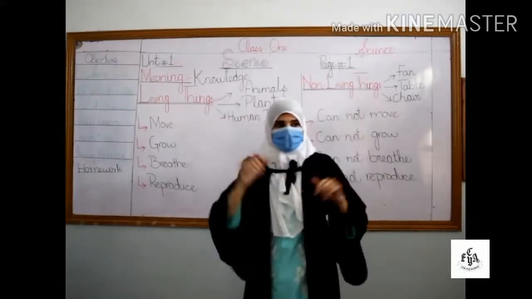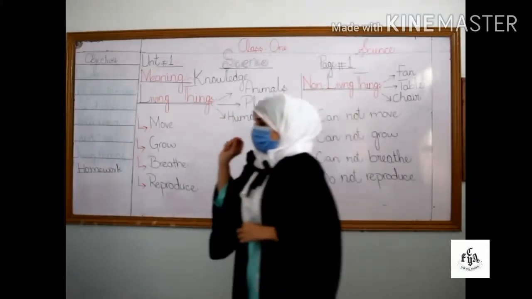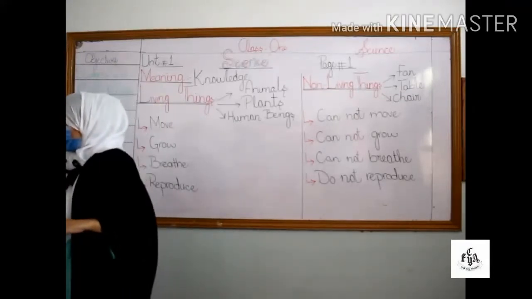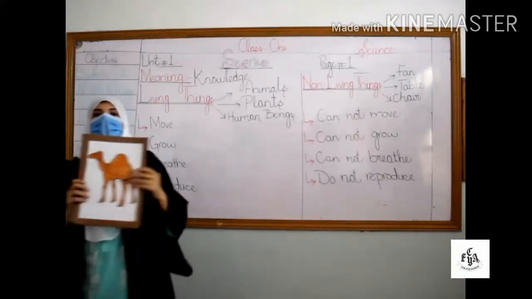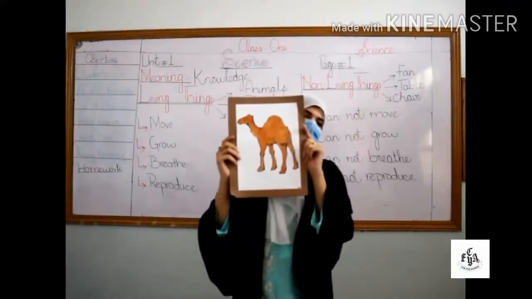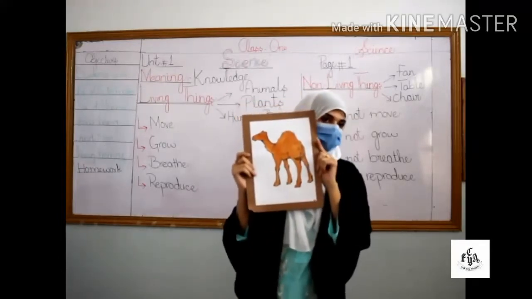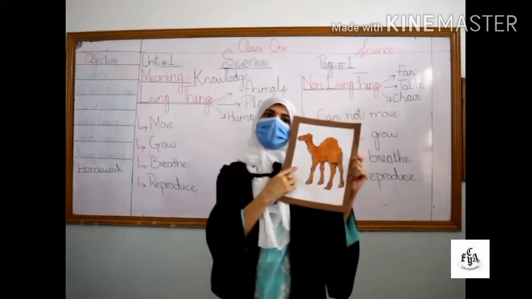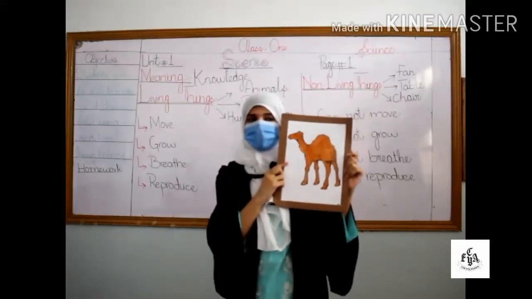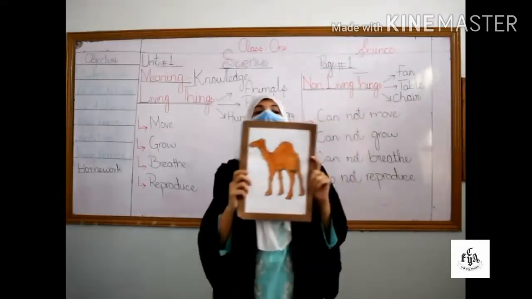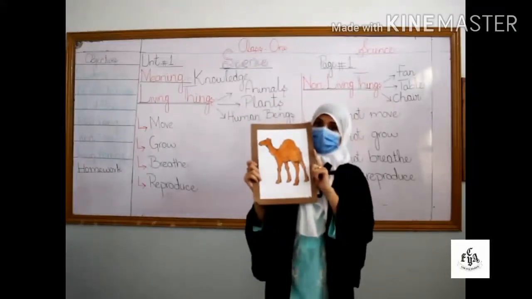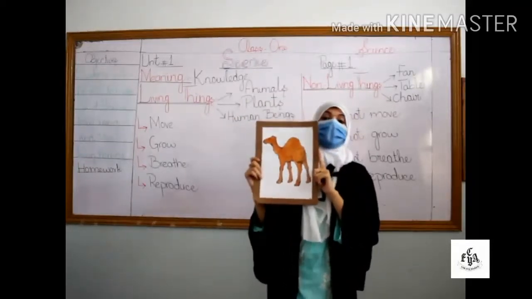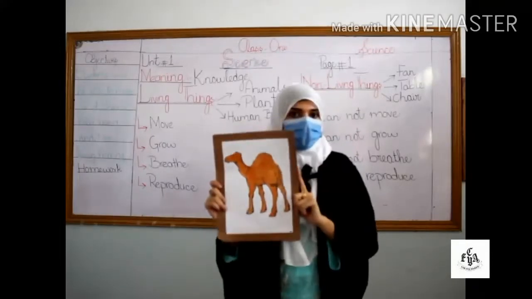Okay, now tell me. I'm going to show you some pictures. What is this? It's a camel. Is it a human being? No. Is it a plant? No. Camel is an animal. Right?